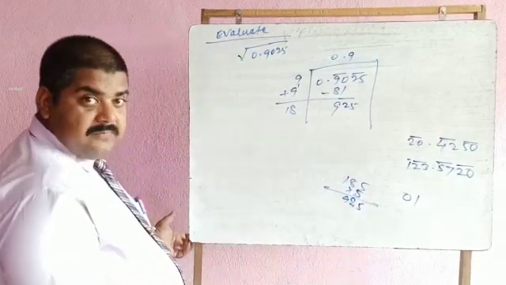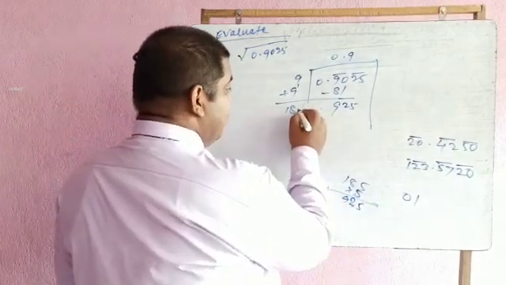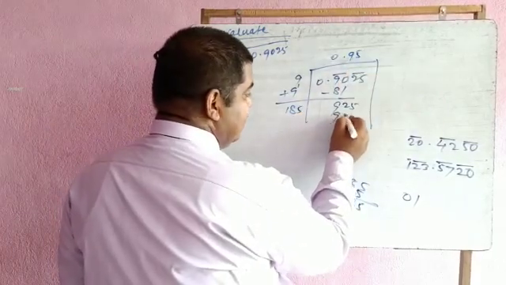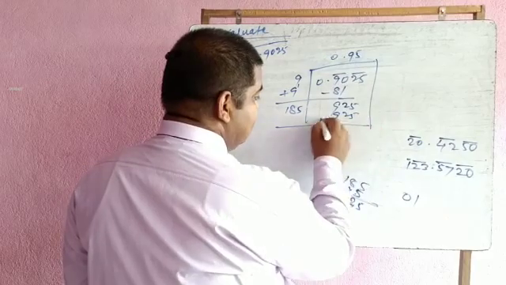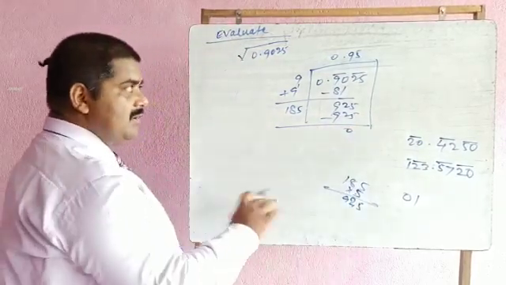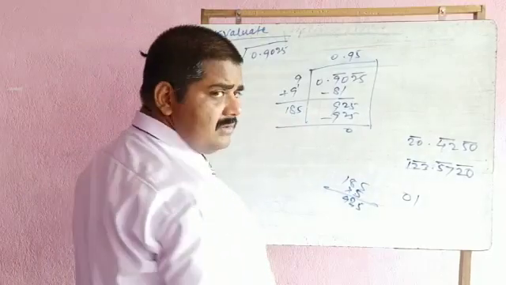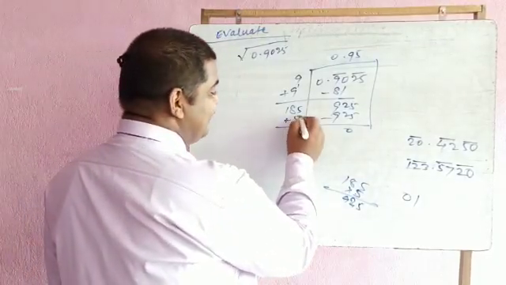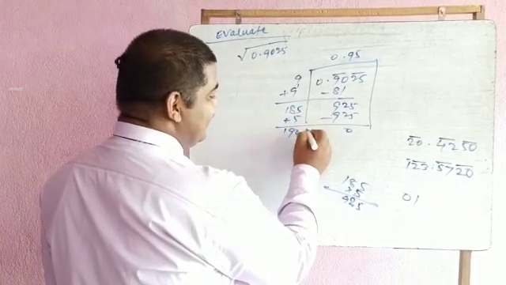So 925. You have to just put it here, and now you can just subtract. The result is 0. Your operation has been successfully done, and you can just add 190.